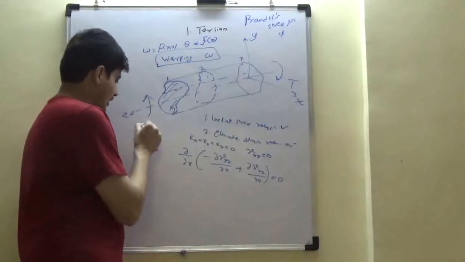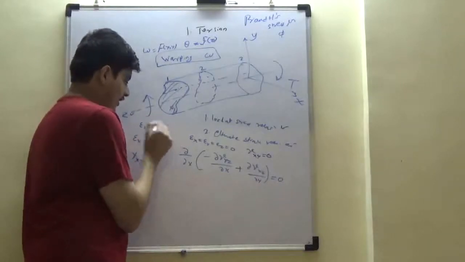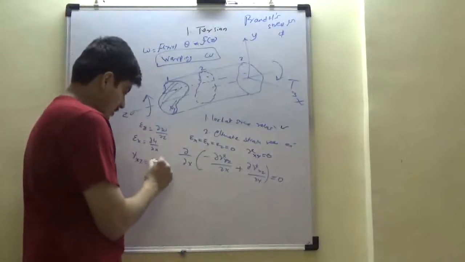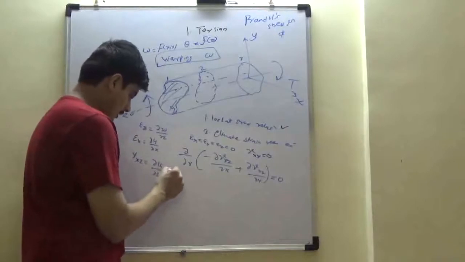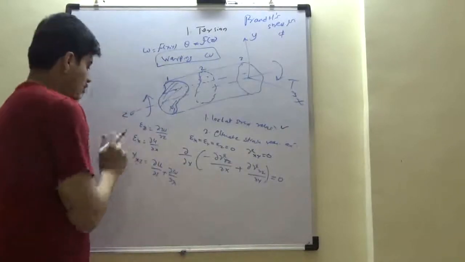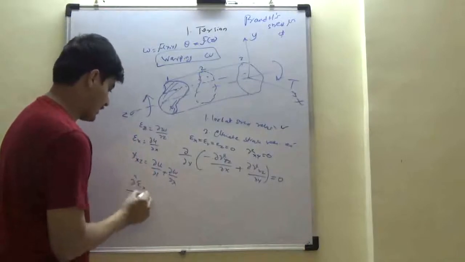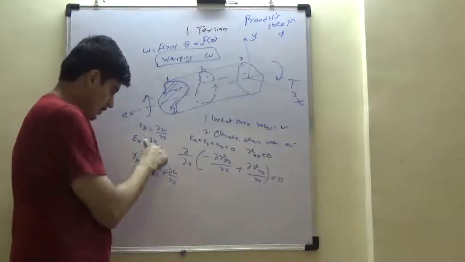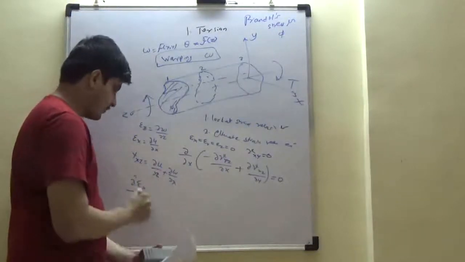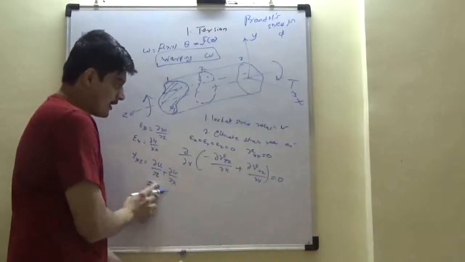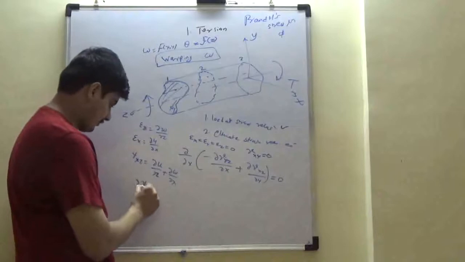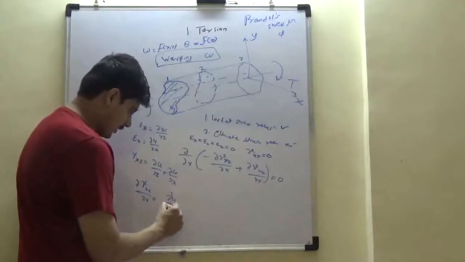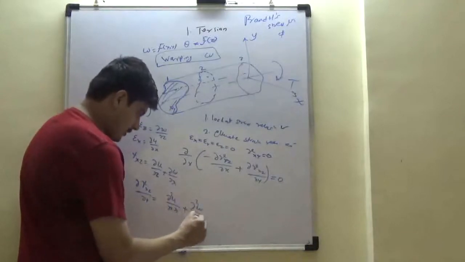Say for example epsilon x and epsilon z, then epsilon z was del w by del z, this was del u by del x. Gamma xz was del u by del z plus del w by del x. So if I differentiate epsilon x, right, what I am interested to do is get to these relations. So I will differentiate gamma xz with y: del square u by del z del y plus del square w by del x del y.